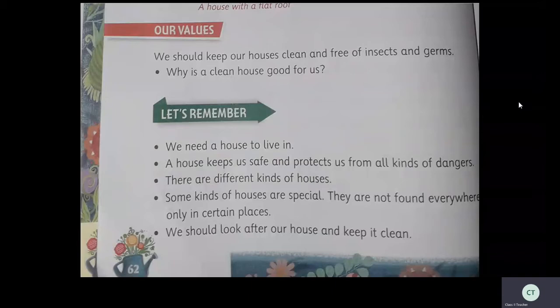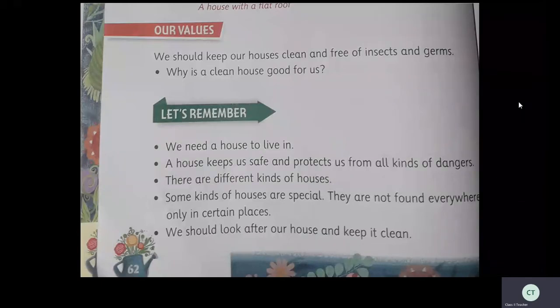Or Arctic places. In such places we can see igloos. And if you go to Kashmir, we can see the houseboat, isn't it? So such type of houses you can see only in certain places.